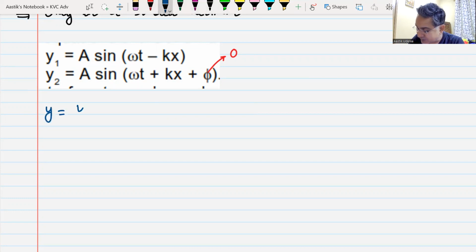Now if I superpose these two waves, y, and I write this as y1 plus y2, it is a simple addition of sin A plus sin B. Yes or no? Yes, sir. Simple addition of sin A plus sin B. So tell me what will be the result that you will get.